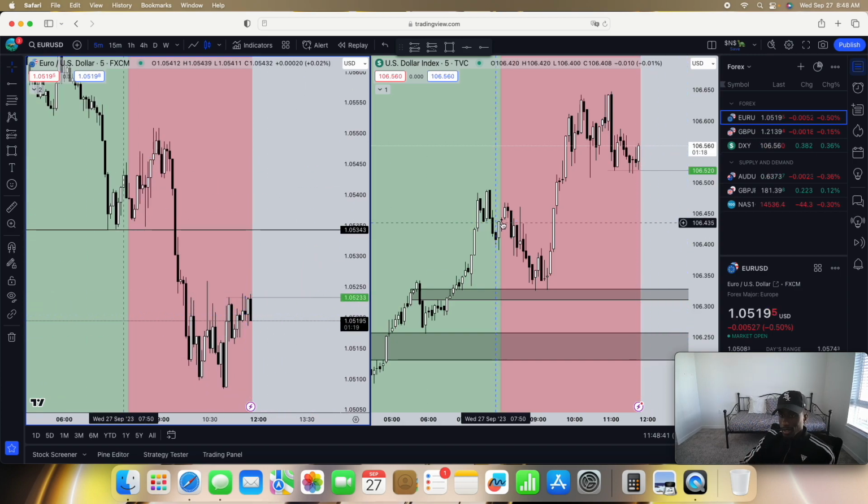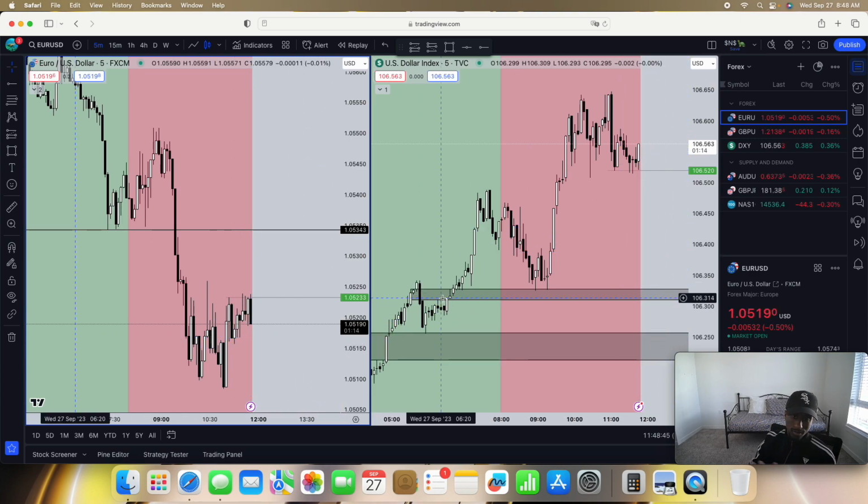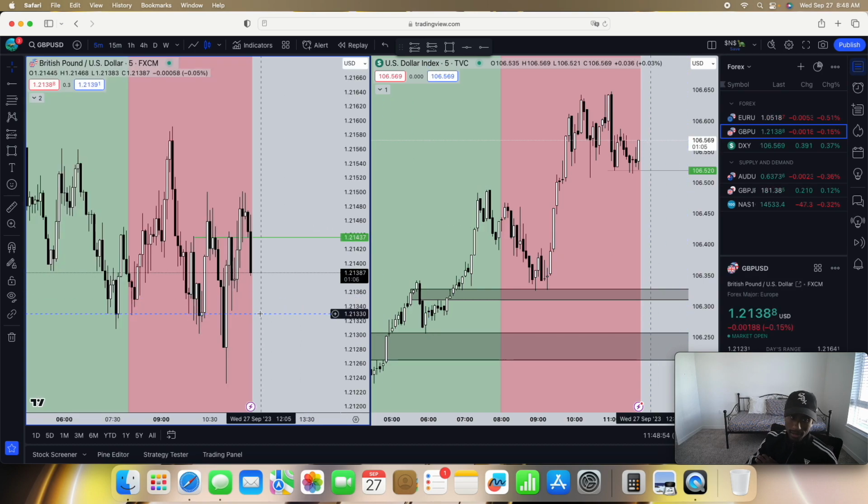But we're pretty late in the session and we never got our breaker structure, so I left it alone. The DXY helped me see that. Instead of me blindly getting in right here on this GU trade, which would have been an instant loss, it kept me out of it because there was no structure being broken to the downside on the DXY.